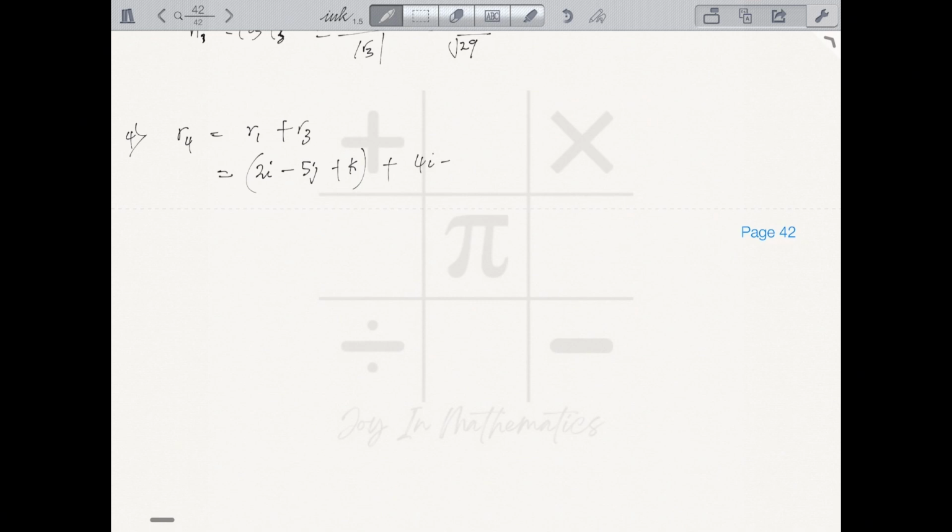So simplifying this, let's open the brackets first, and we'll have 4i plus 3j plus 2k. Collecting like terms, on the i component this will give us 6i. On the j component, this will give us minus 2j. And on the k component, we will have 3k.